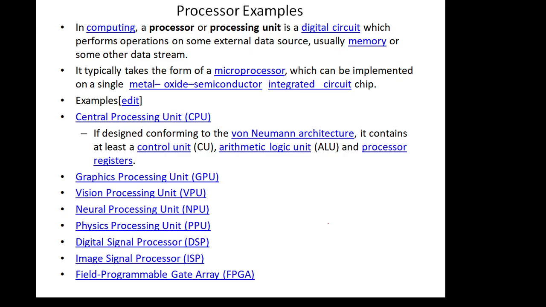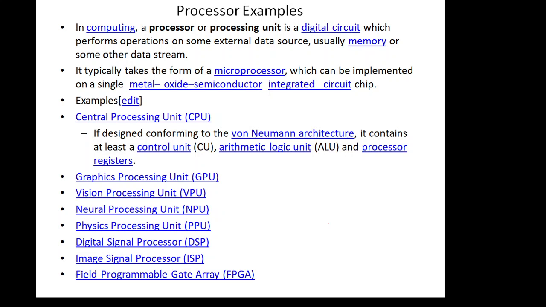Next, we'll be going to see the processor examples. So these processor examples, like as we all know, what is a processor? A processor means a central processing unit which consists of the ALU, control unit, the arithmetic and logical unit and the memory. So these are the three main parts when it comes to the central processing unit.